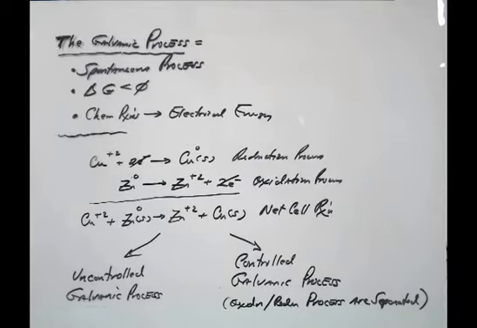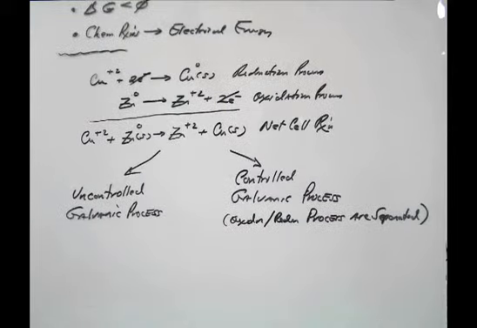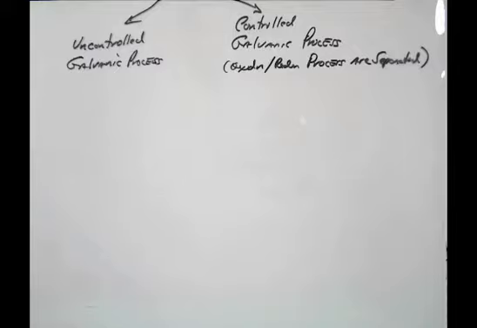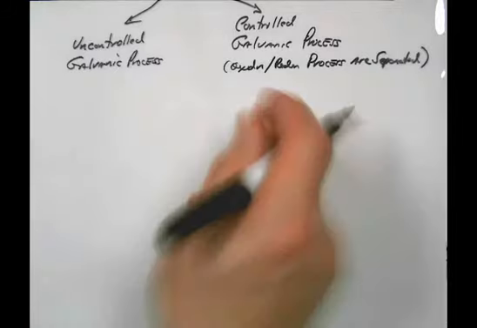Now, there are other separations in galvanics that we're not going to get into, but the purpose of the salt bridge is to maintain a balance of charge, and we'll explain as we go through this. But I want to show you the issue in the uncontrolled galvanic process so you can appreciate the separation and the setup of the control issue.